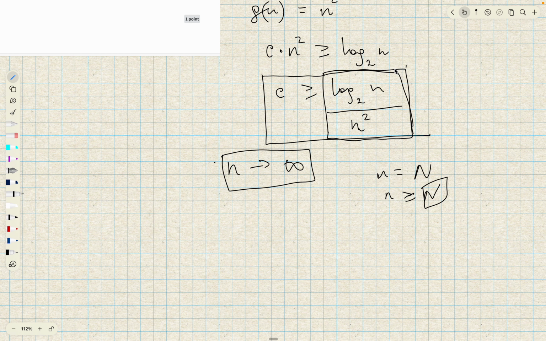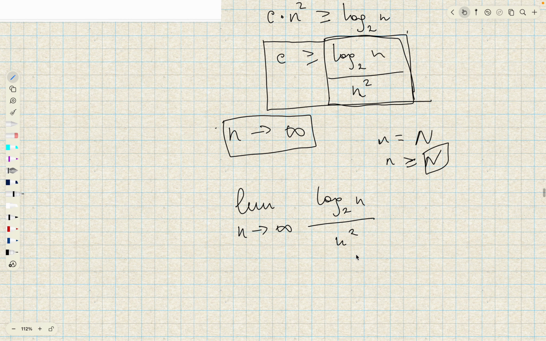But we're interested in what it gets closer to as we increase n. So we're trying to find the limit of log 2n over n squared.